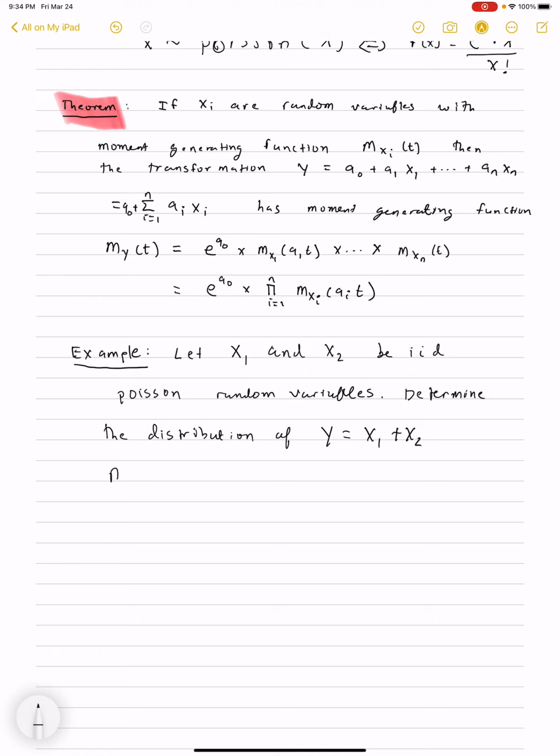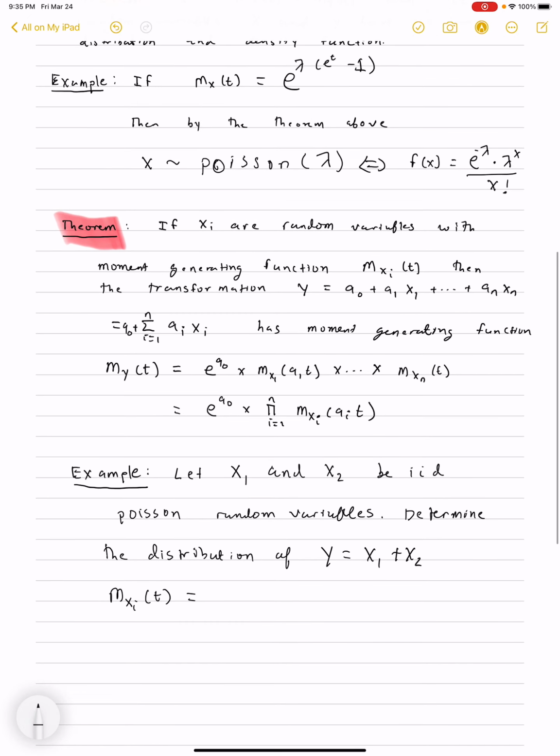Since we're told that Xi are Poisson random variables, we can just write down their Poisson moment generating function as being e to the lambda times (e to the t minus 1).